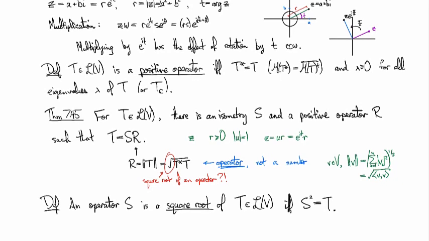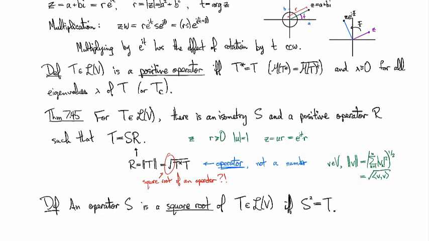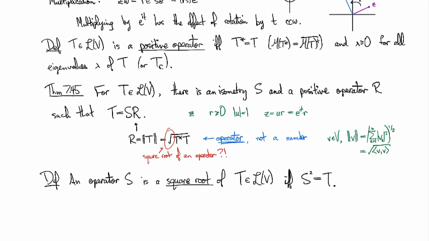For instance, if you're looking at square roots of the identity, any operator that's its own inverse, for instance any reflection, will be a square root of the identity. So, okay, that's what I mean by the square root of an operator in the thing above.